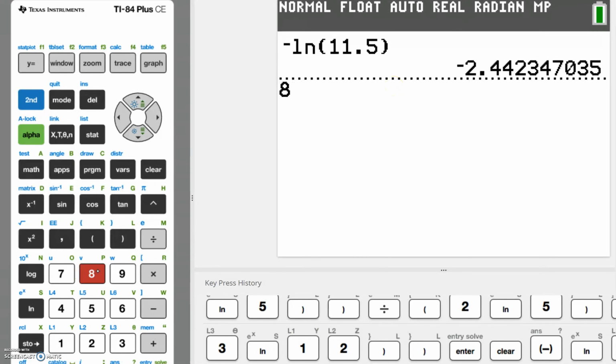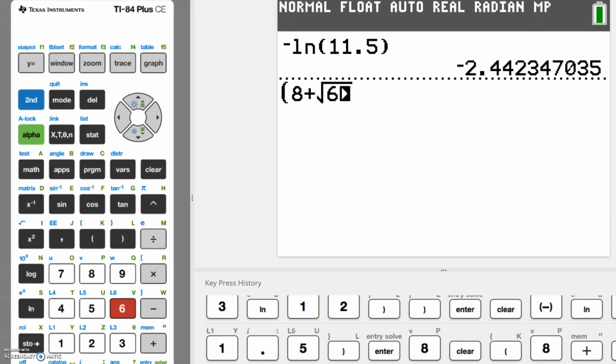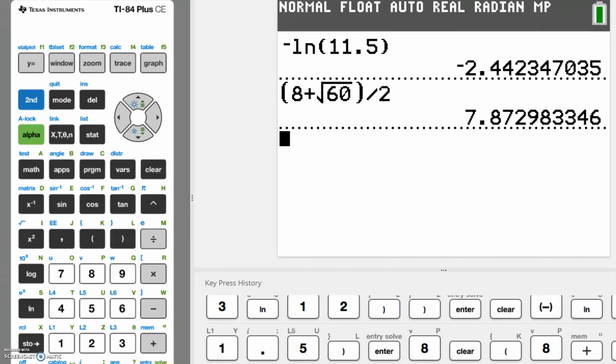We have, let's see here, 8 plus the square root of 60 over 2. So that's about 7.873.